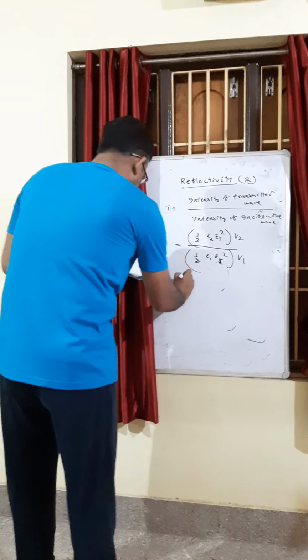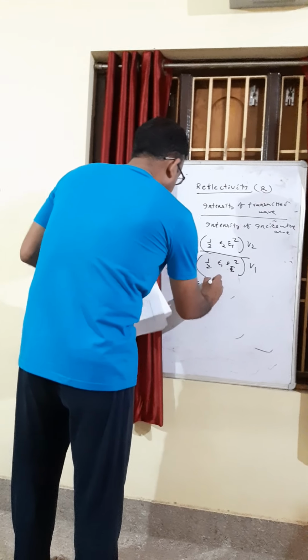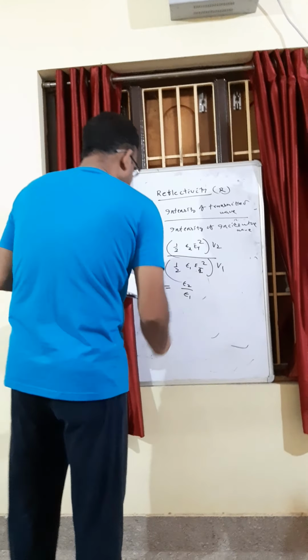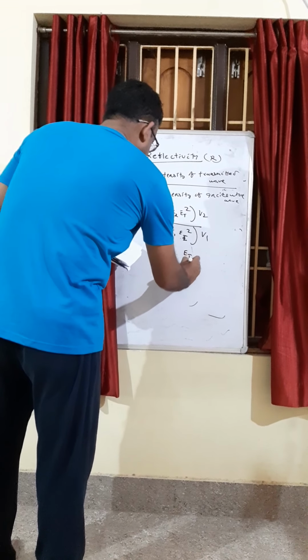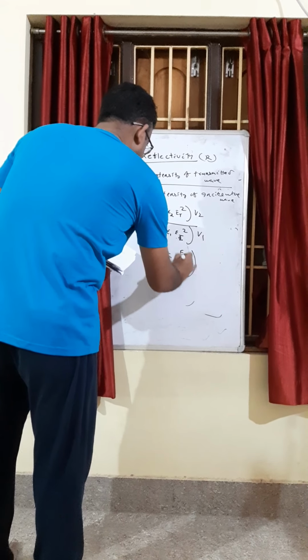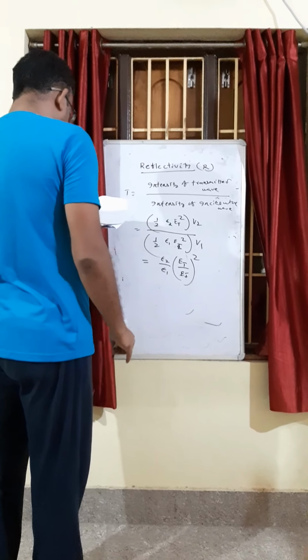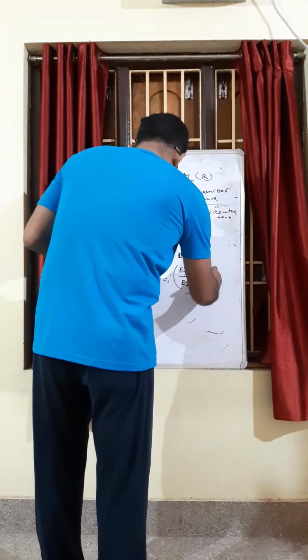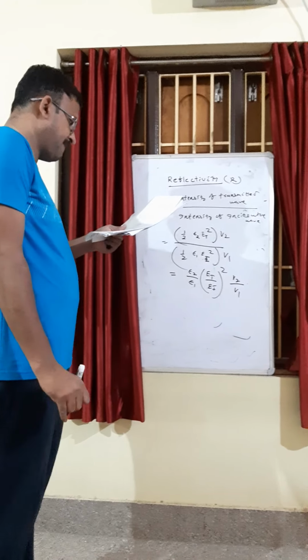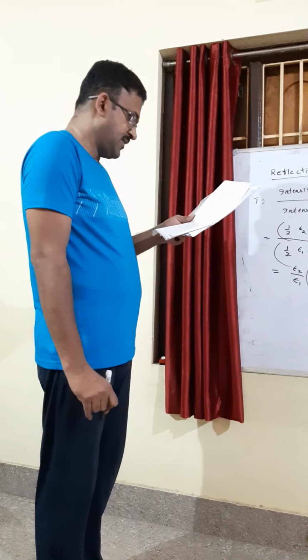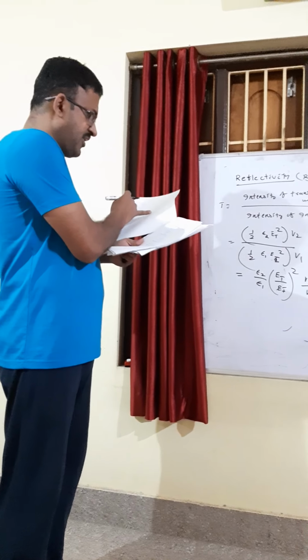And what you get is epsilon 2 by epsilon 1, then Et by EI square, then v2 by v1. This is how we get it.